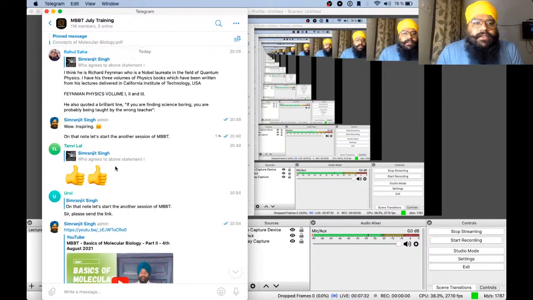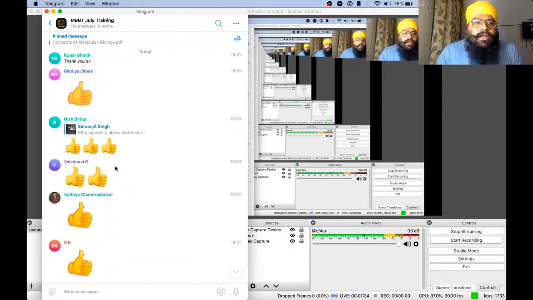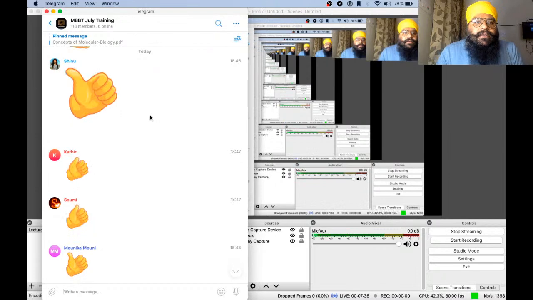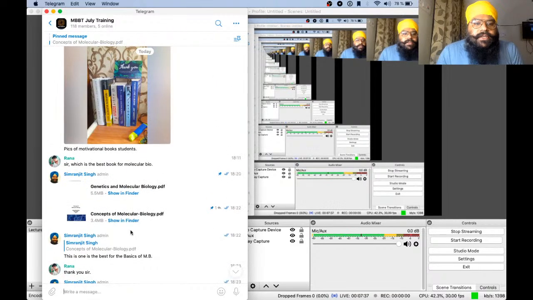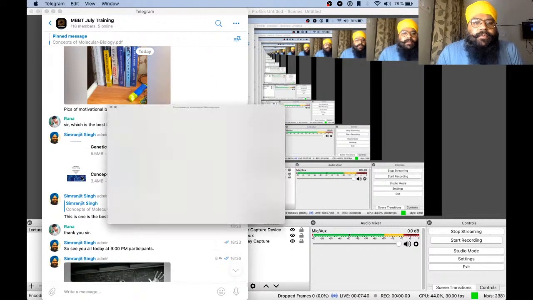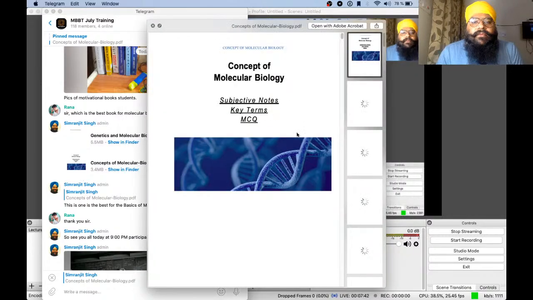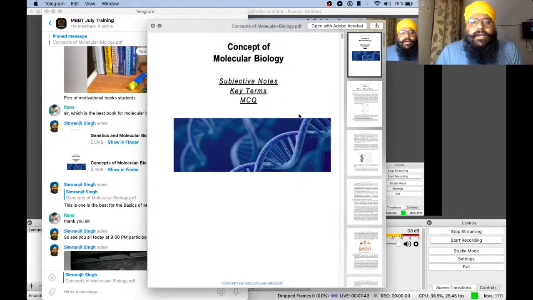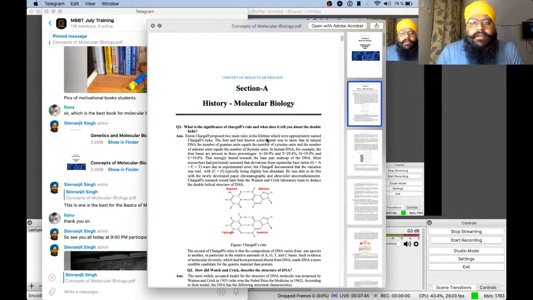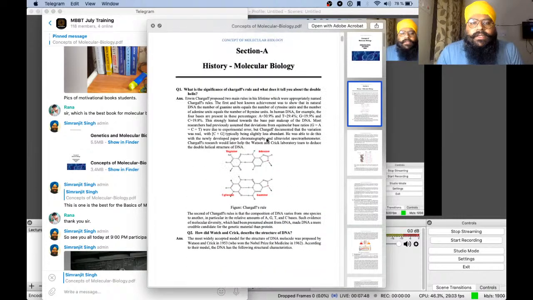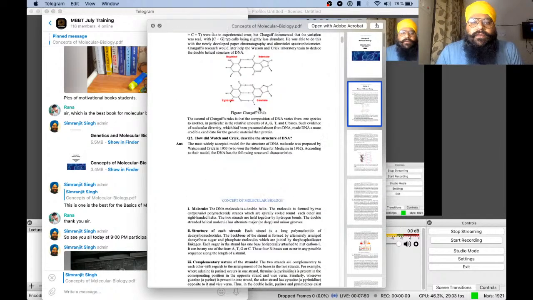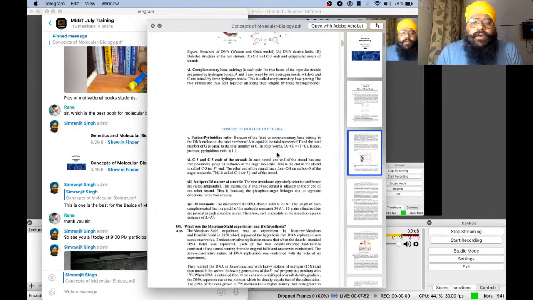Yeah, I shared these books earlier. So this is the best book actually, Concept of Molecular Biology. I made this book by myself, and all the questions like significance of Chargaff rule, Watson and Crick model.